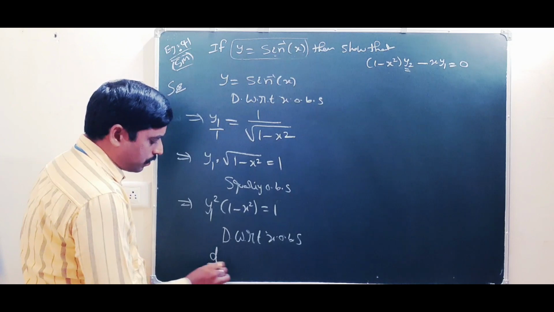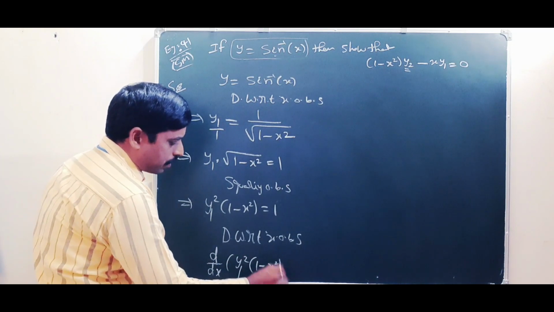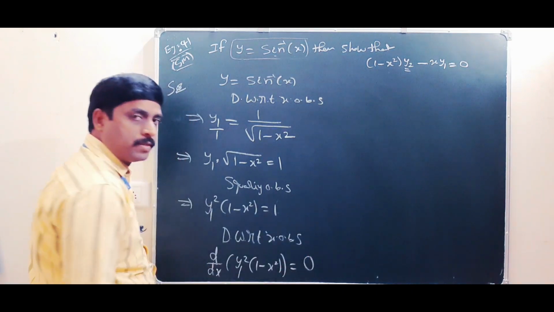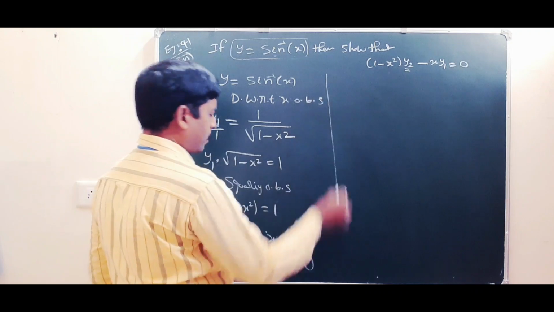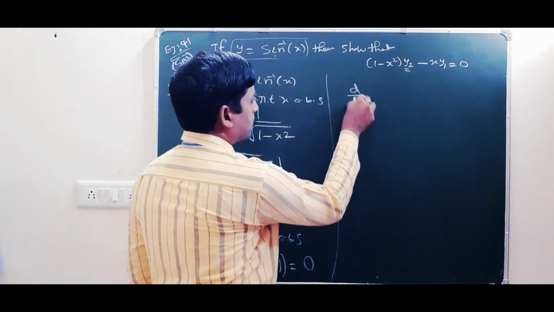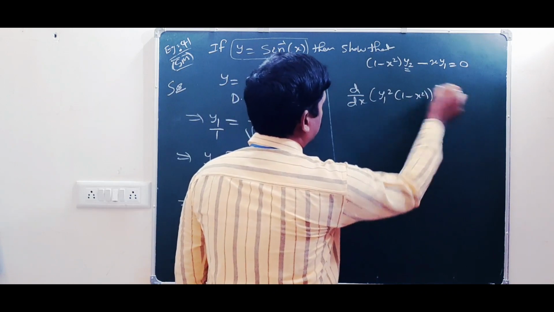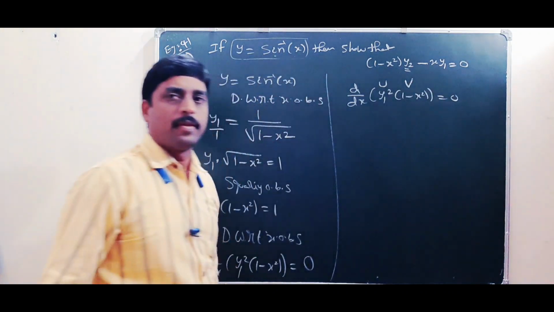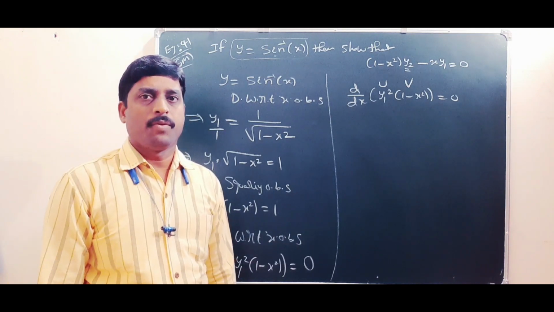Now applying differentiation with respect to x on both sides. d by dx of y1 square into 1 minus x square equals differentiation of 1, which is 0, a constant. So by using the UV formula, d by dx of y1 square into 1 minus x square equals 0. Using UV, we have u into dv by dx plus v into du by dx.